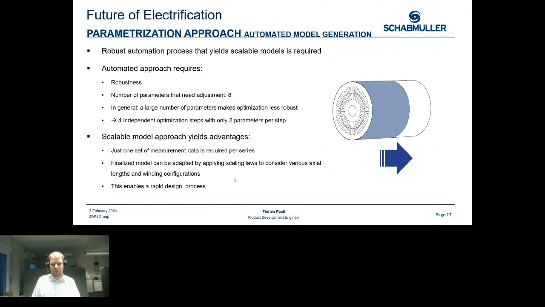And so we achieved to have our scalable model, and then we will just need one set of measurement data per machine series, per outer machine diameter, and then we can parameterize the model and use the scaling laws to predict the motor performance for more or less each configuration of this machine series.